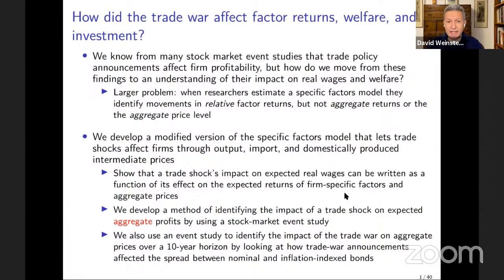And then we're going to show that a trade shock's impact on expected real wages can be written as a function of its effect on the expected returns of firm-specific factors and aggregate prices. To do this, we're going to develop a method of identifying the impact of a trade shock on expected aggregate profits, and not just the relative returns of firms, by using a stock market event study.